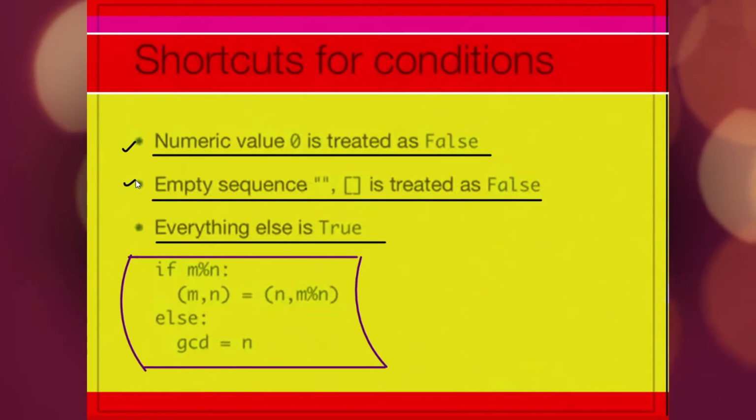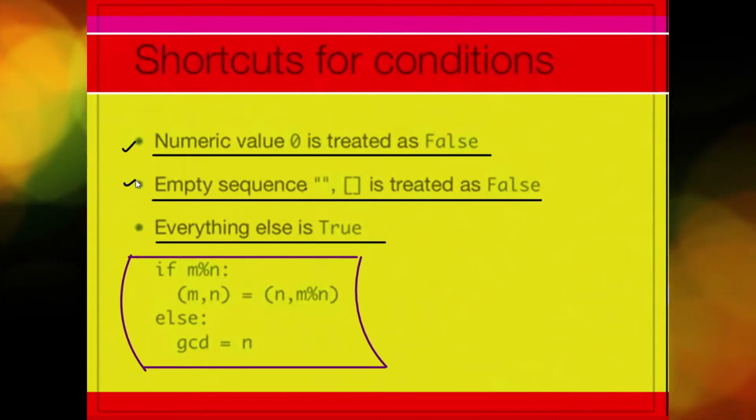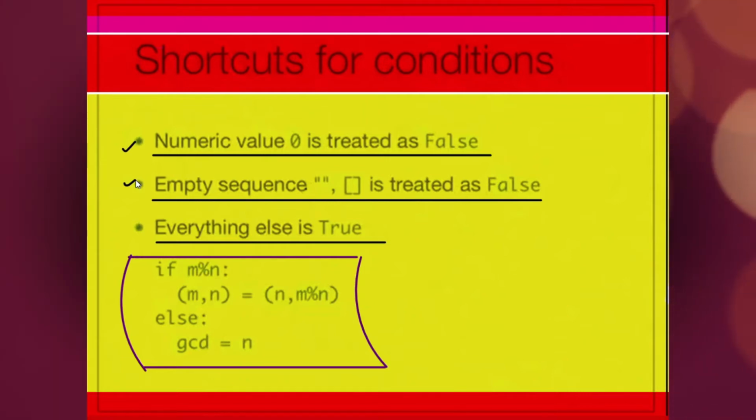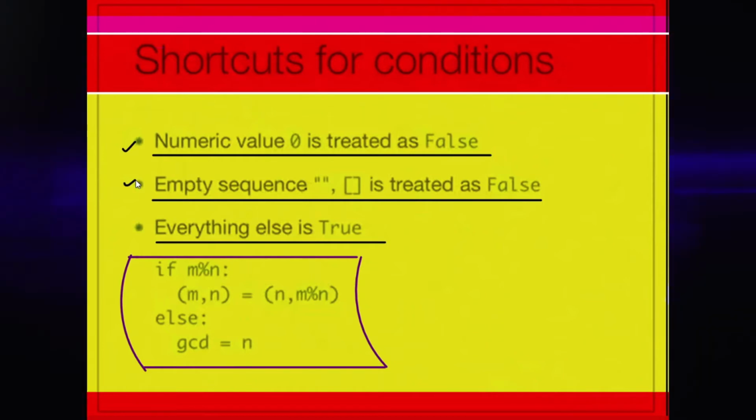The second line says that if you are not giving any sequence, that is, your sequence is empty, then it will be treated as false by default, because not giving any value simply means 0, and as I told you, 0 is false.